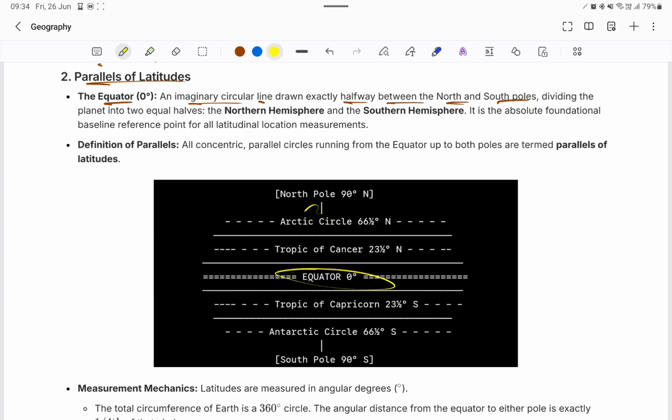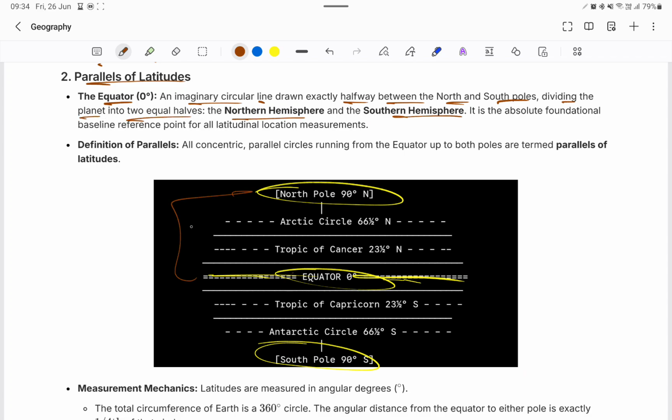So there is the north pole and there is the south pole, and the equator is exactly halfway between them, dividing the planet into two equal halves, the northern hemisphere and the southern hemisphere. This portion is the northern hemisphere and this portion is the southern hemisphere.